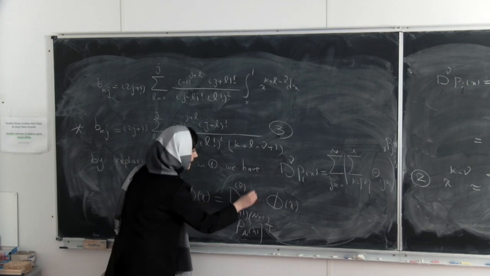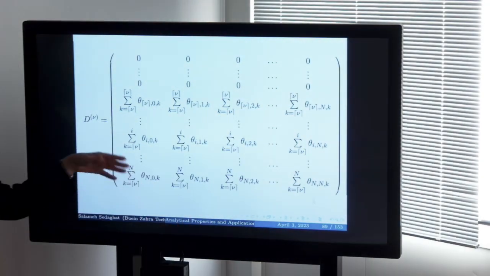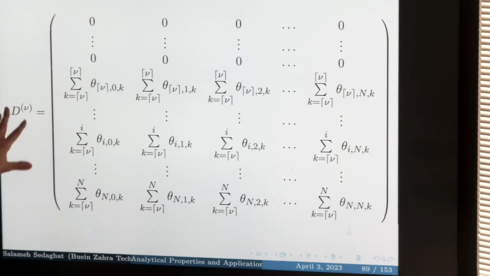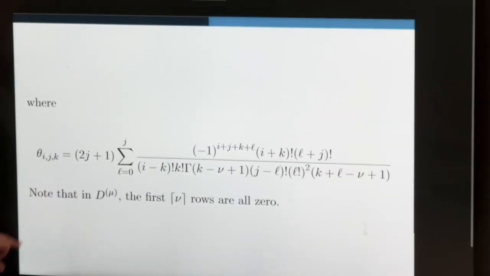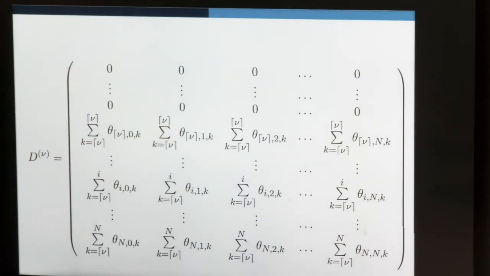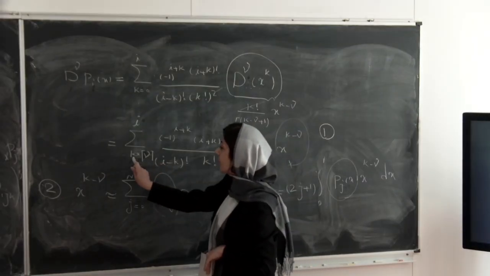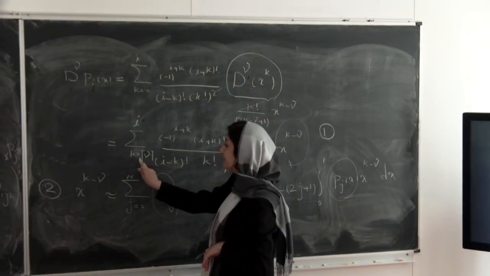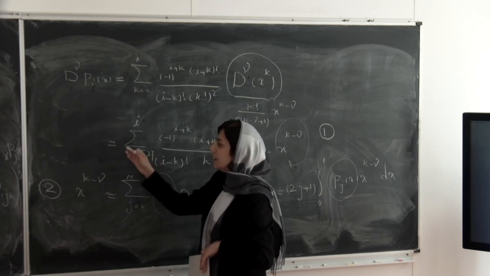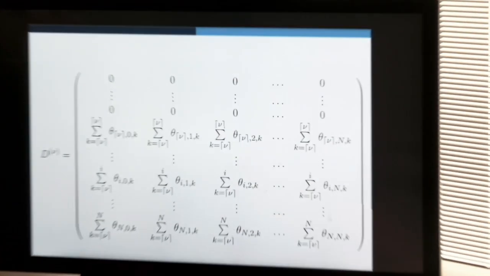So we can obtain this. And here you can see the elements of these matrices. Here we have 0 because, as I told you, for k from 0 to the ceiling integer part of nu, this summation is 0. And for the last rows, we have these elements.